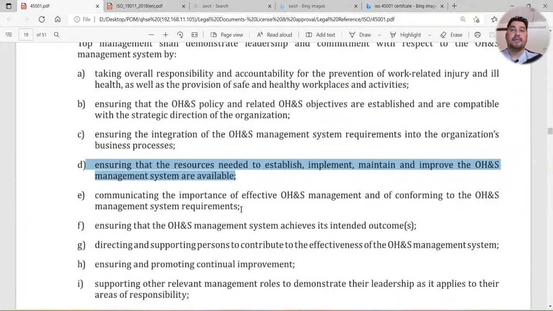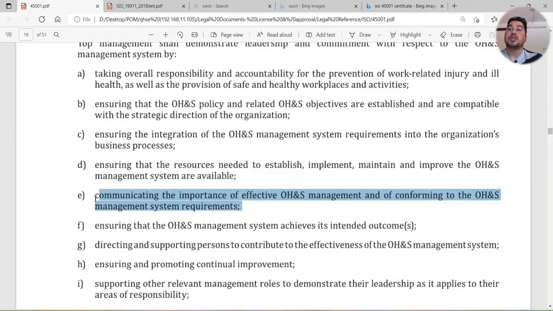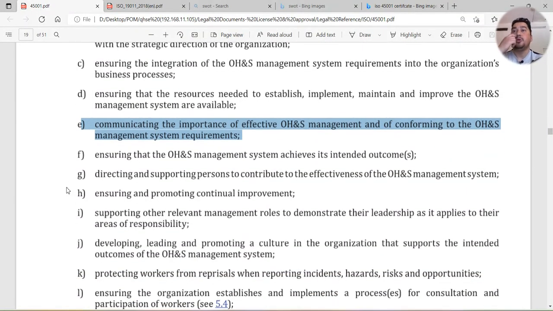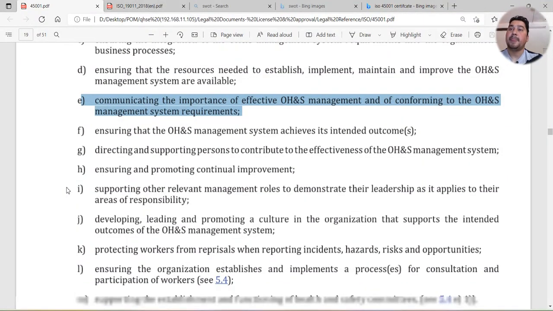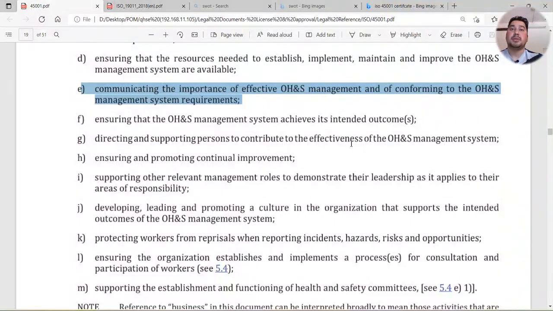Communicating the importance of an effective OHS management system and conforming to the occupational health and safety management system requirements. Communication is also the commitment of top management. It will show that the top management is committed to the health and safety management system and communicating its requirements to the business. Ensuring that the OHS management system achieves its intended outcome.